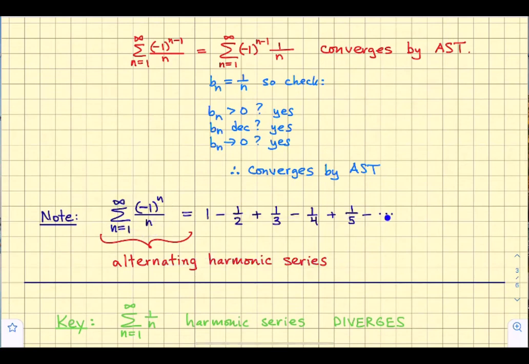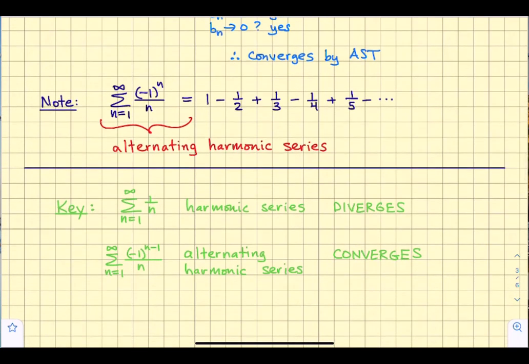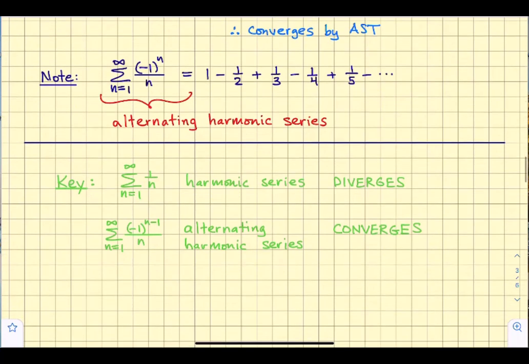A very key thing that you need to definitely have in your repertoire is what the harmonic series looks like, what its name is, and knowing that it diverges. But on the other hand, as we just showed, the alternating harmonic series actually converges. So this is a classic example of a conditionally, but not absolutely, convergent series.